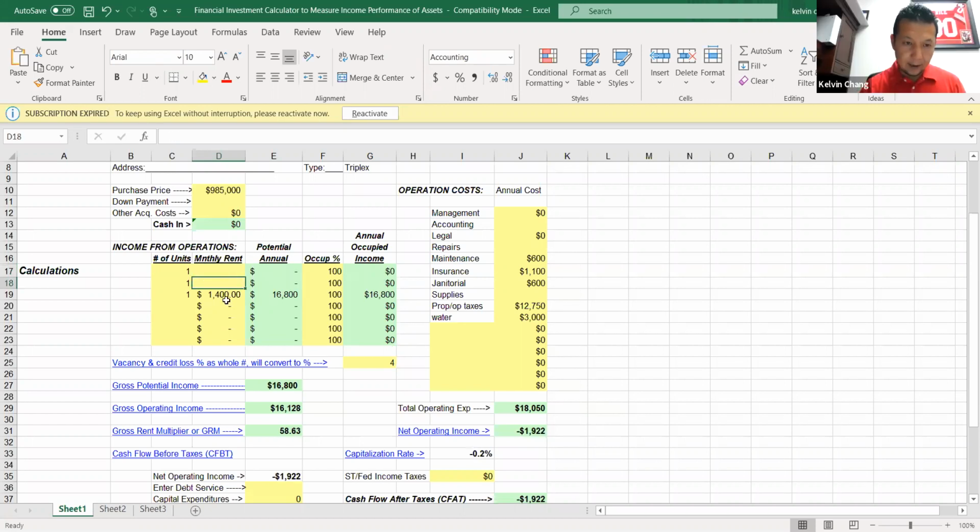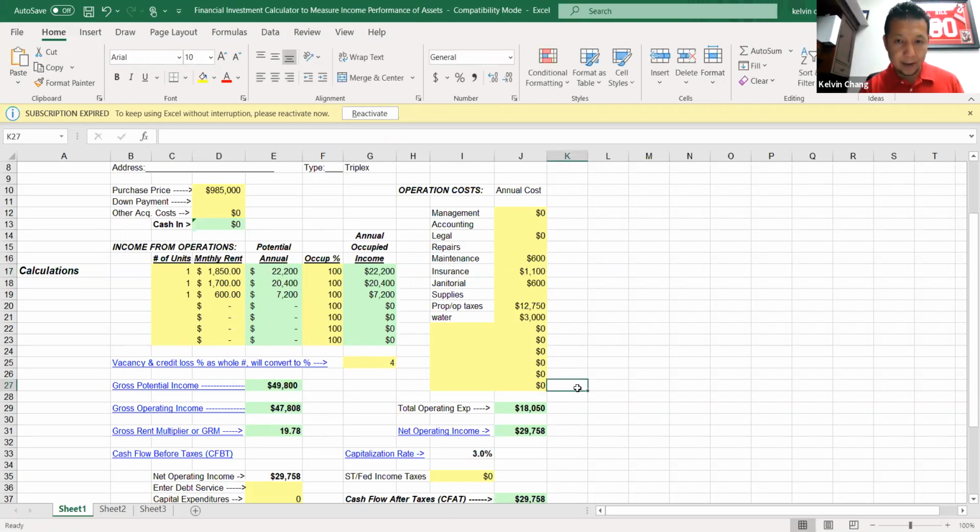The guest house was 600. One of them was 1,700. And another one was 1,850.